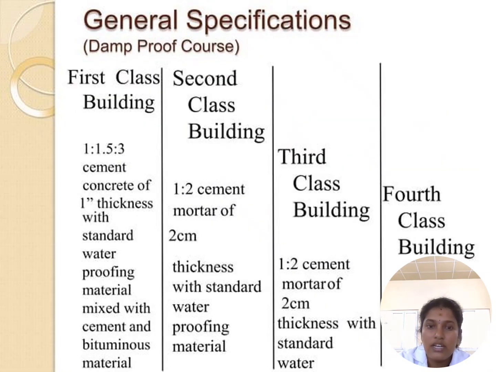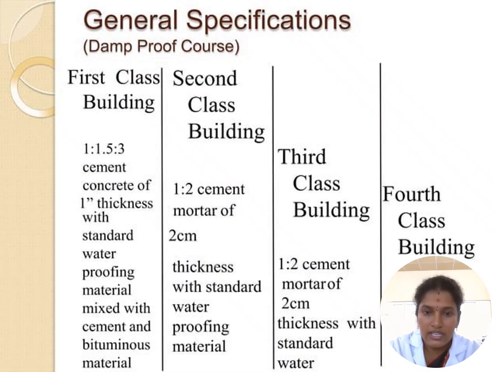Next is damp proof course. We are choosing this particular item of work for each and every class of building: first class, second class, third class and fourth class. If you are choosing damp proof course, what are the classifications? What are the different methods we are going to adopt for the first, second, third and fourth class buildings?